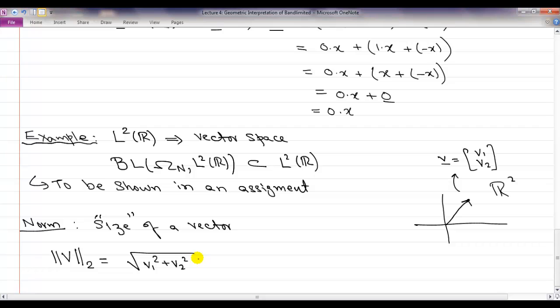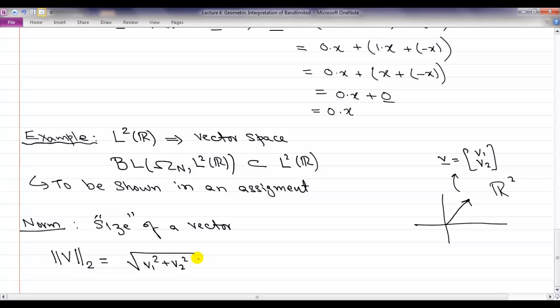We have all seen how to take lengths in Rn. But what does it mean for something to be a length in a general vector space? That is called a norm. I give you a vector, you tell me its length, so it's a function, a mapping, but it has to satisfy certain properties.